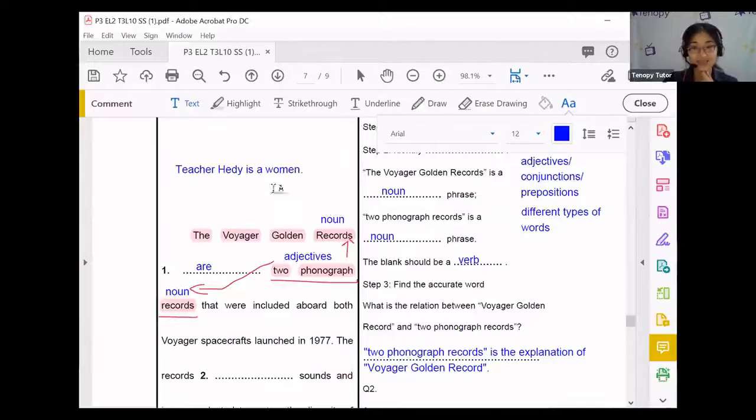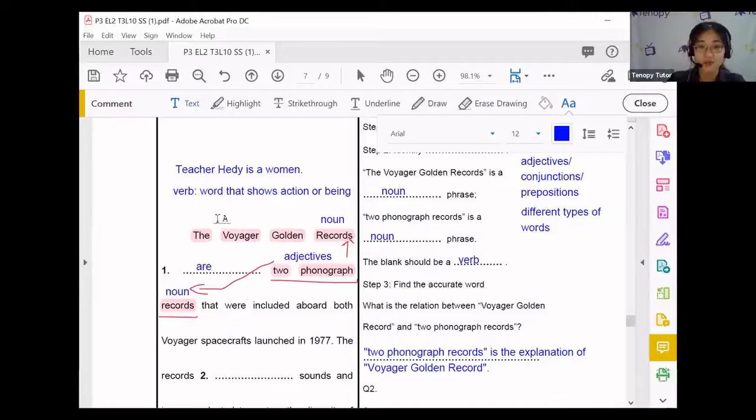"Are" is in fact a verb. The definition of a verb is a word that shows action or the state of being.